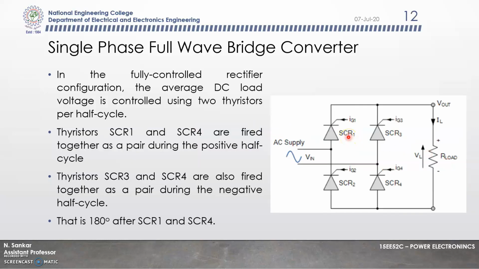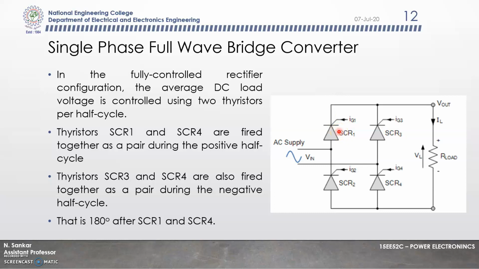Mainly here we will trigger any two SCRs per half cycle. A 50 Hz AC waveform has two half cycles, the positive half cycle and the negative half cycle. Our aim is to trigger two SCRs for each half cycle.